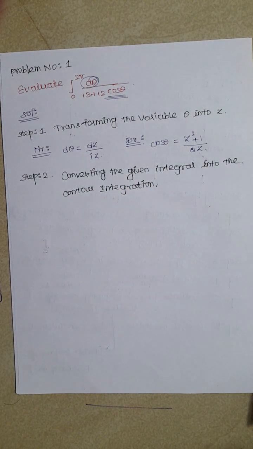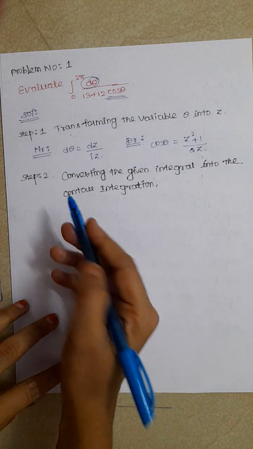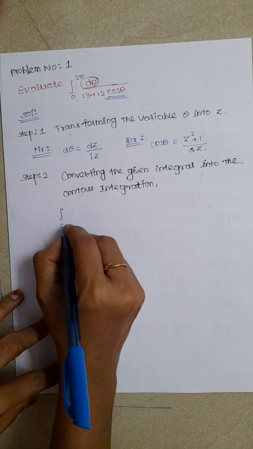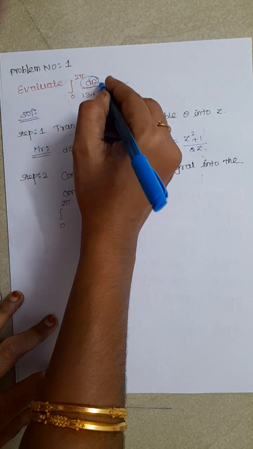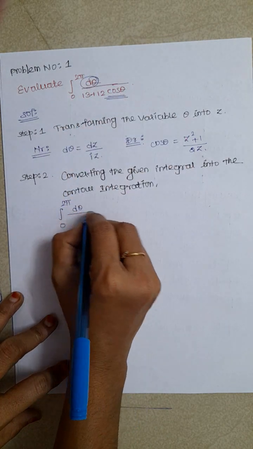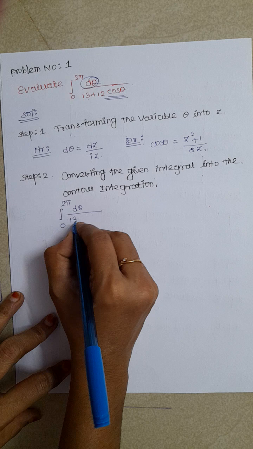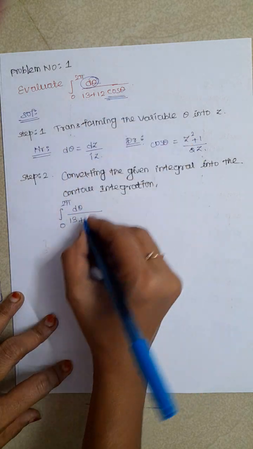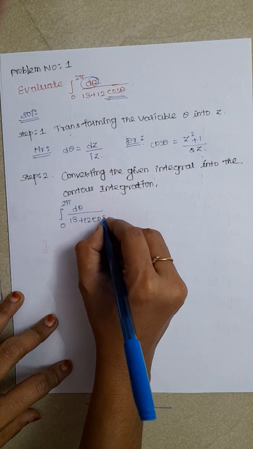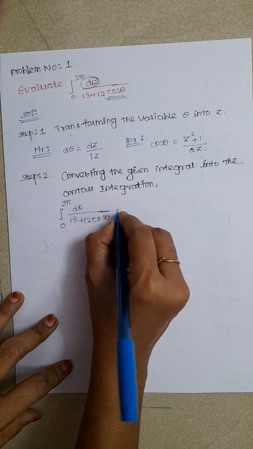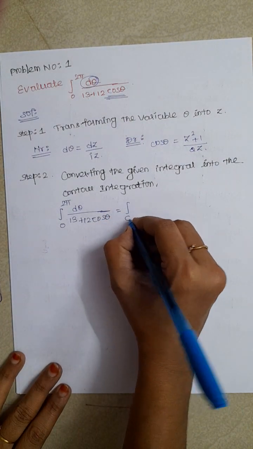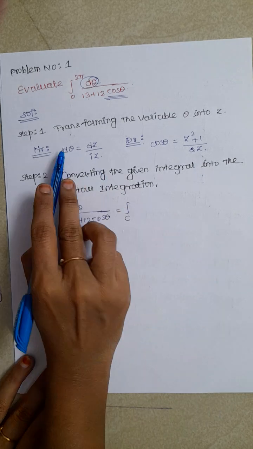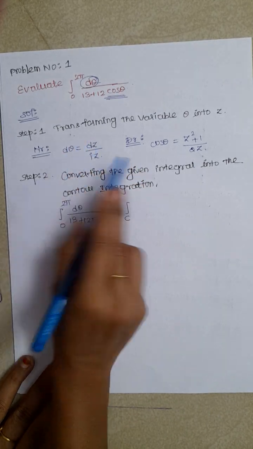Contour integration. So you can write the given integration as the integral from 0 to 2 pi of d theta divided by 13 plus 12 cos theta, which is equal to the integral over C. You can convert theta in terms of z.